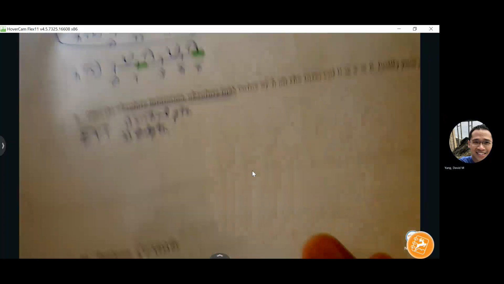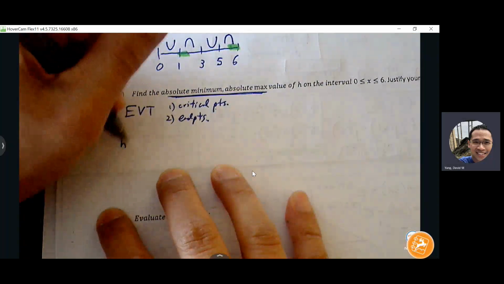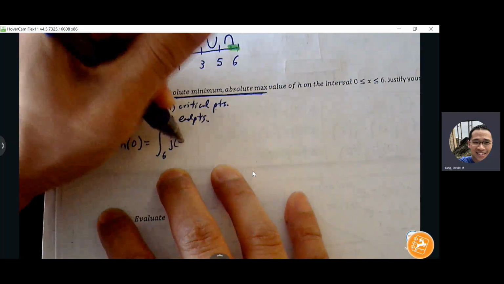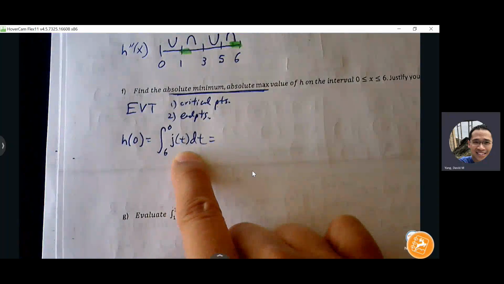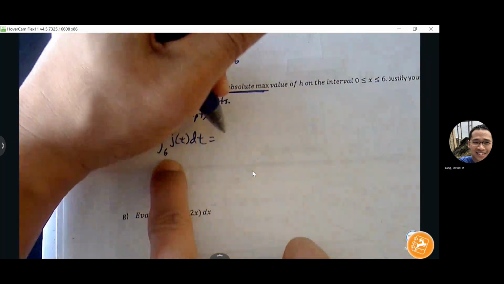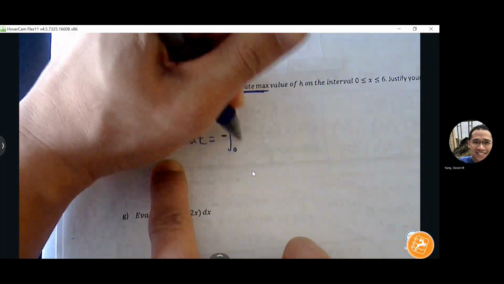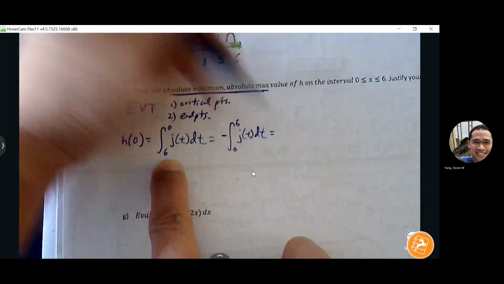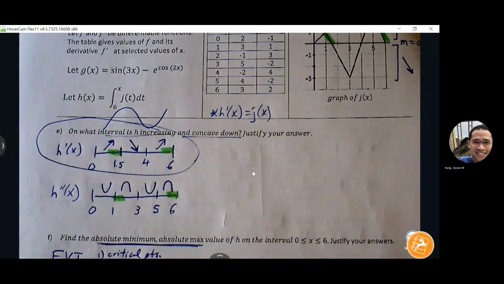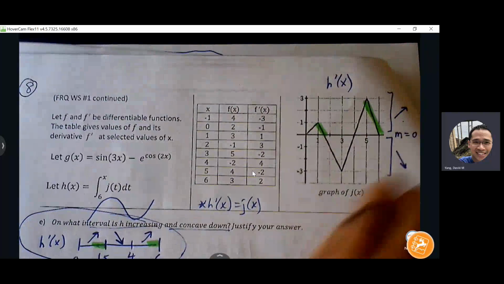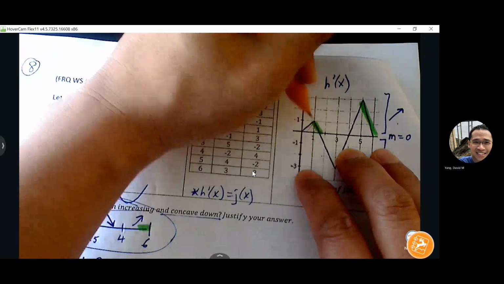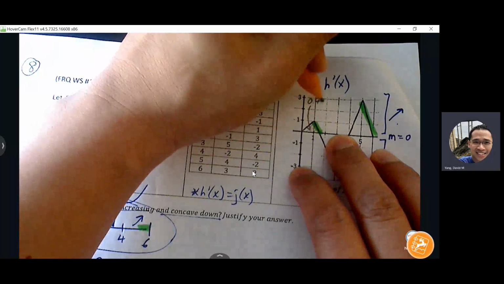Okay, so let's build these out here. H of 0 is the definite integral from 6 to 0 of J of t. Again, I want to read the graph from left to right, so to make it easier, I can flip the bounds. So from 0 to 6, we know all these are triangles, one half base times height. So this ends up being 0.75.